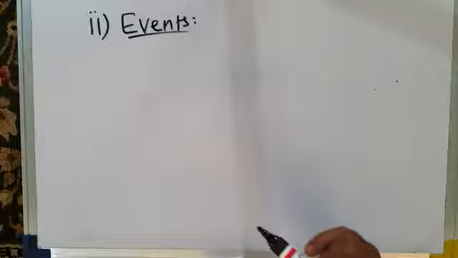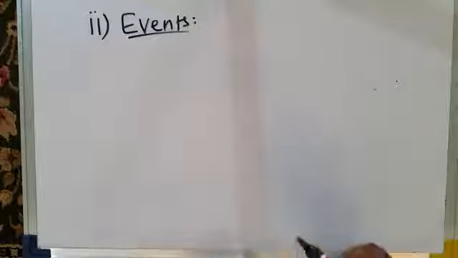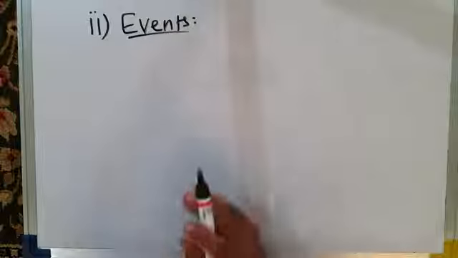First of all, what is an event? An event is a phenomenon which only occurs every once in a while. It will occur, say, this time, and it may not occur periodically, repeatedly. So I repeat, an event is a phenomenon which only occurs every once in a while.